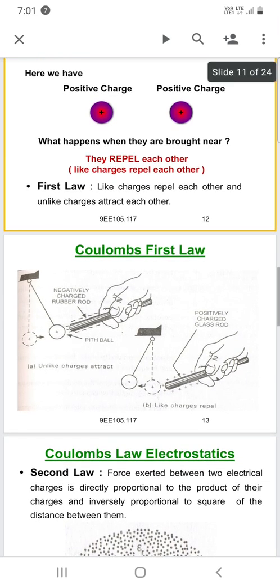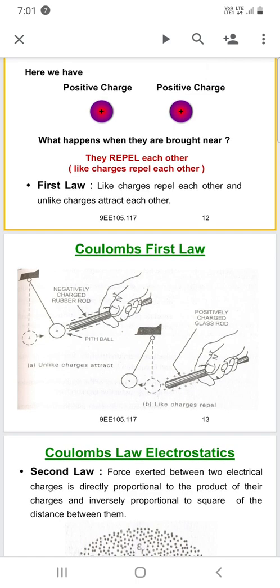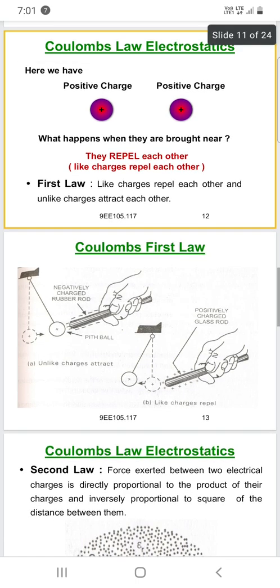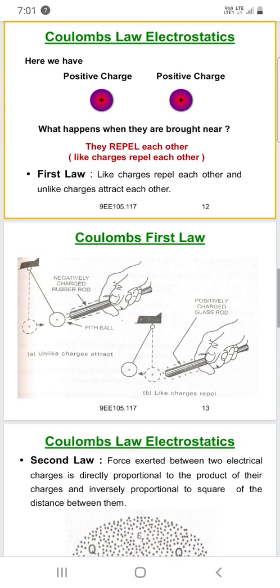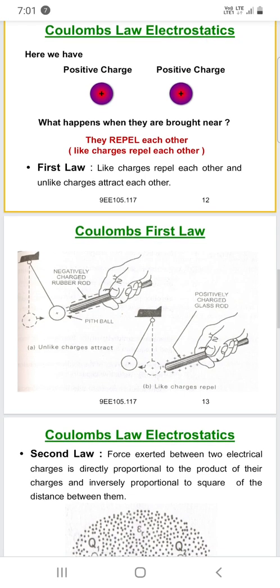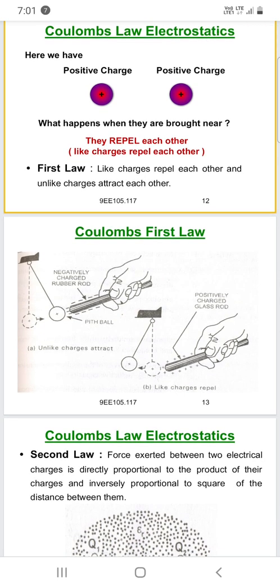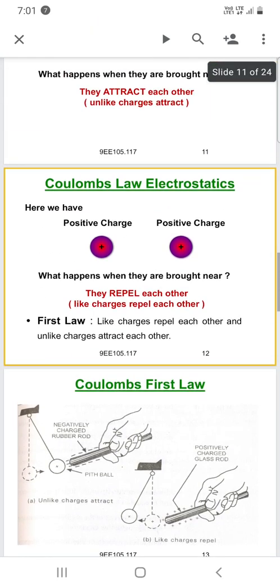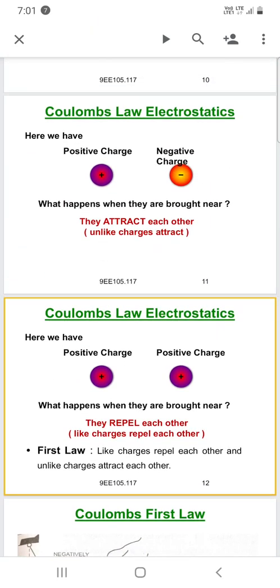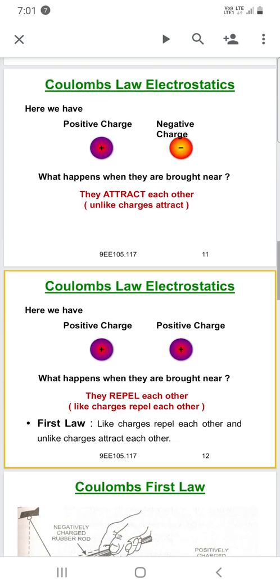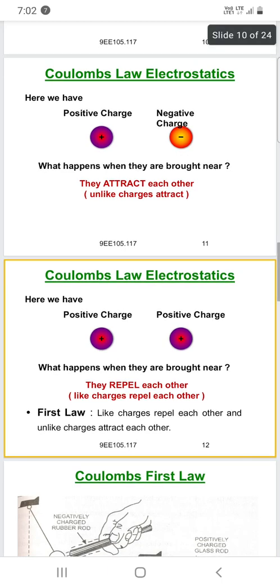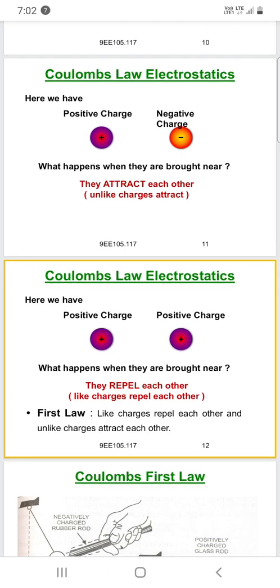Suppose two positive charges are placed near to each other, they also repel. So according to Coulomb's law of electrostatics, like charges repel each other, and unlike charges attract each other.